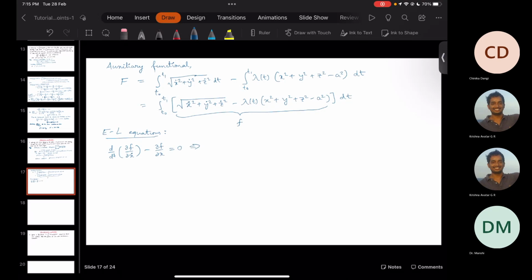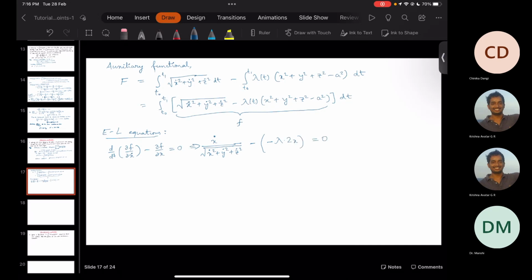And this gives us d by dt of x dot divided by the square root of x dot squared plus y dot squared plus z dot squared, minus lambda into 2x, right?